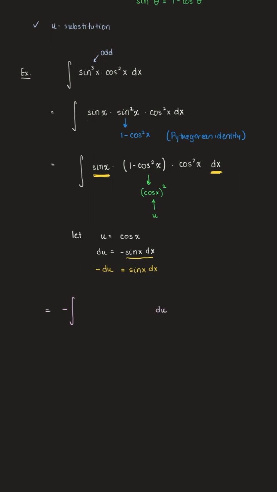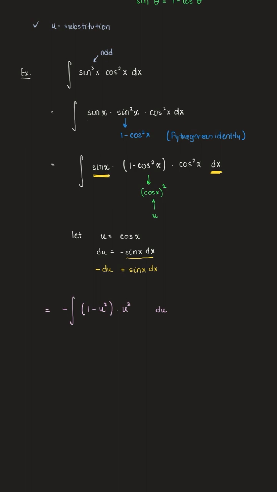That's the yellow sine x dx. And then, since u is cosine, we have a 1 minus u squared. I'm substituting in here u squared. And we still have times a u squared, since u is cosine. So 1 minus u squared times u squared.